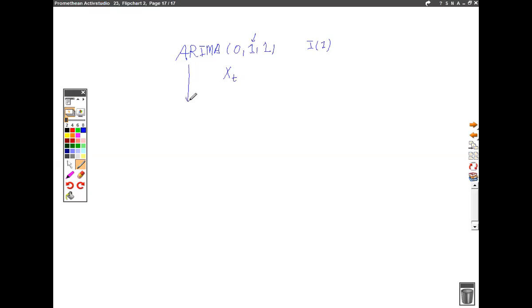So let's say I difference this once, and what I will get now is an ARIMA model with parameters like this, right? Because there is only one. So now when I write this, I know the d being 0 here just says to me that this model is already a stationary model.